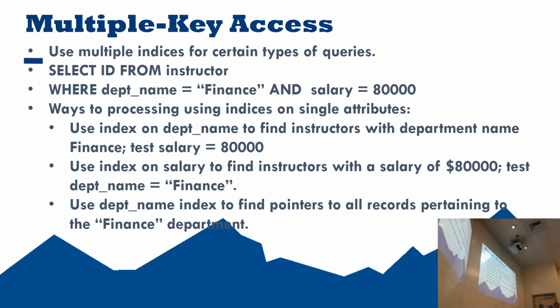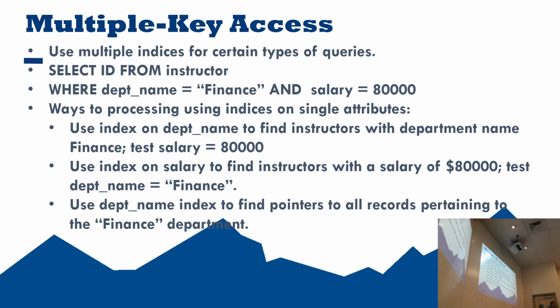You could also find all the instructors with a salary of 80,000, and then see which ones of those have the department name of finance. And finally, you can just find all of the records that are in the finance department, and then sort out from there.